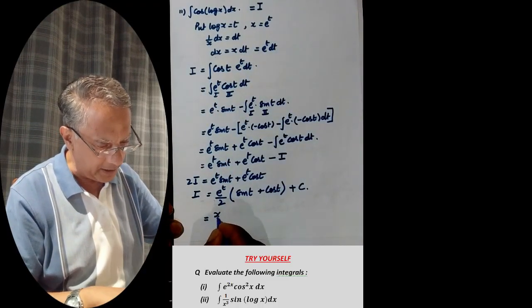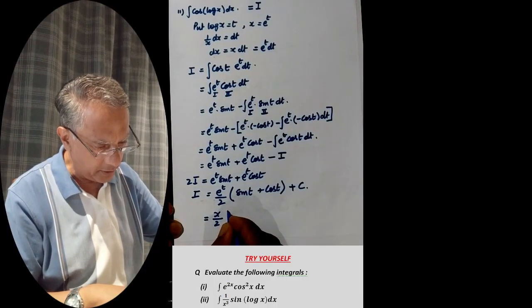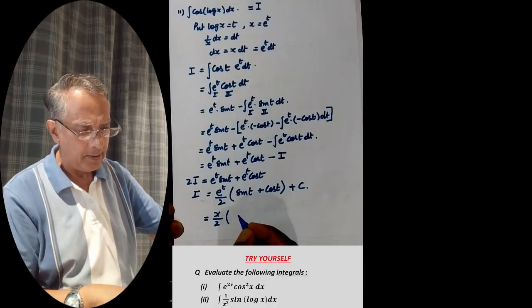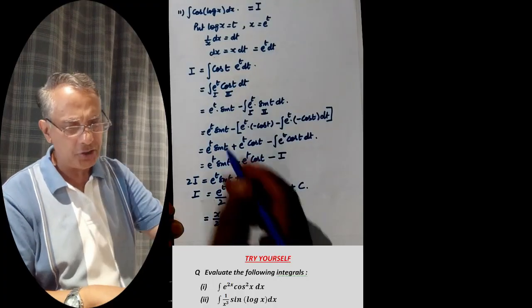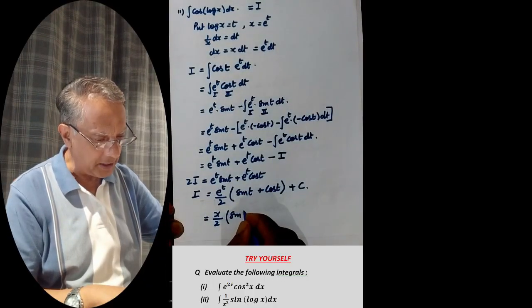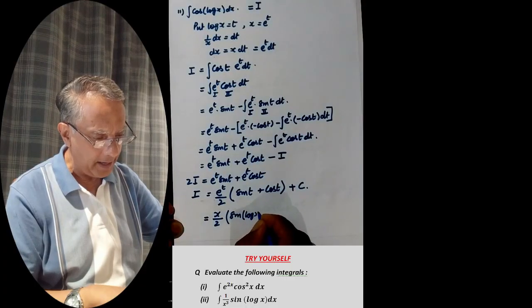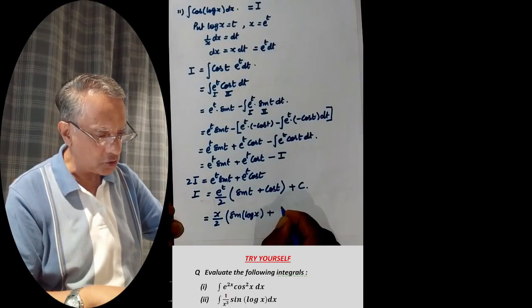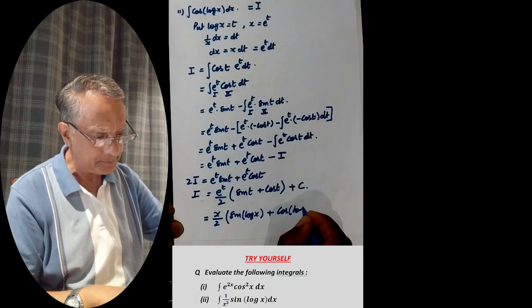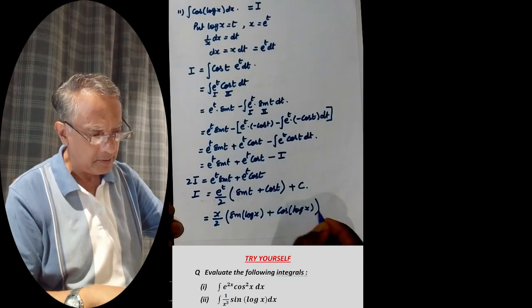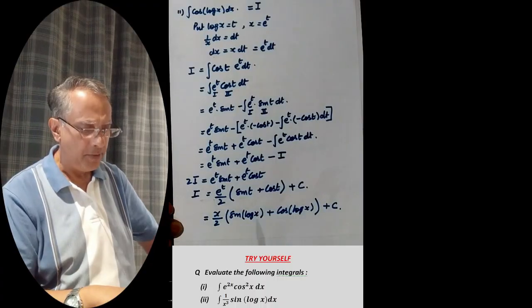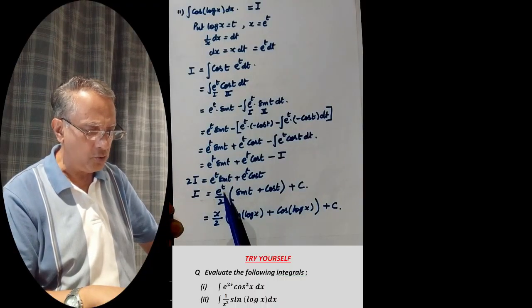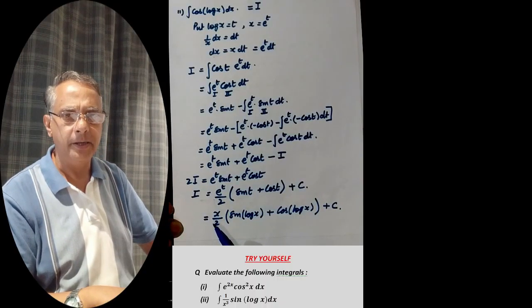So this will be x by 2 into sin of t. How much is t? t is log of x. Sin of log x plus cos of log x plus c. So this is the answer. We must convert this from t to x, the original variable.